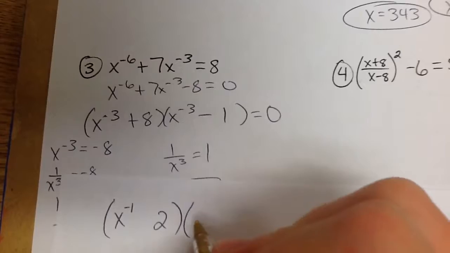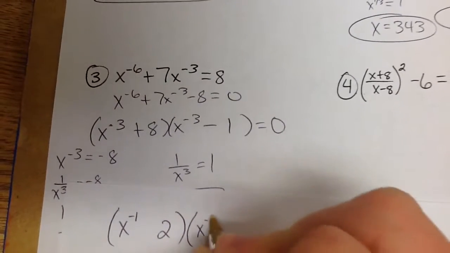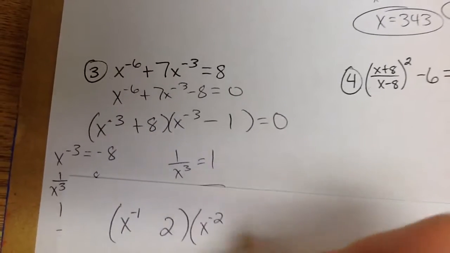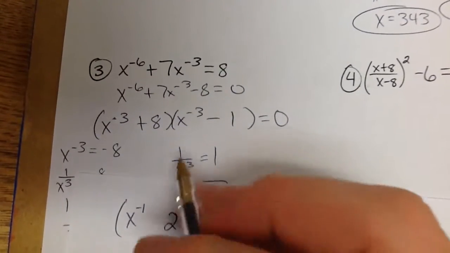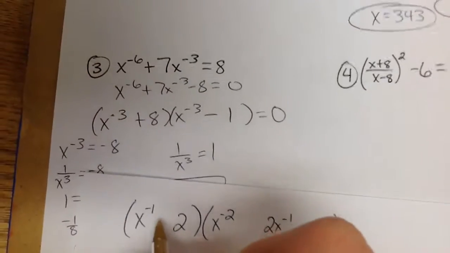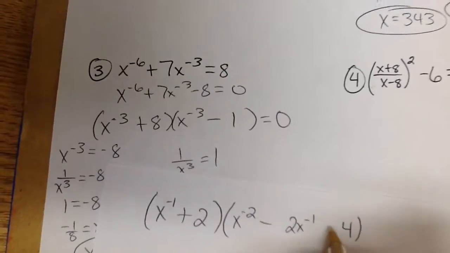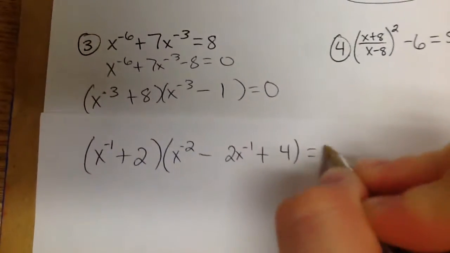And then this would be x squared, so x to the negative 2. And then I multiply those, so it would be 2x to the negative 1. And then that squared is 4. And then same, opposite, always positive. And that equals 0.